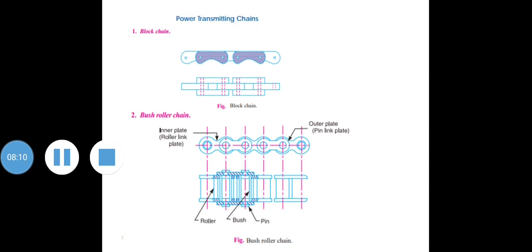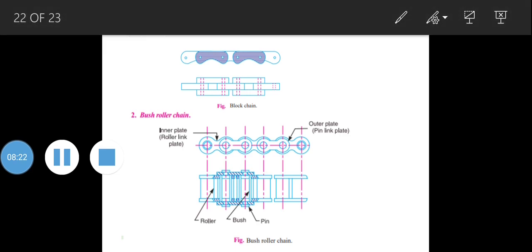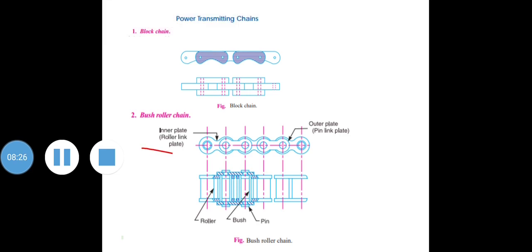That means the roller and the bush are held together with the help of a pin placed between them. This is the front view of the bush roller chain.